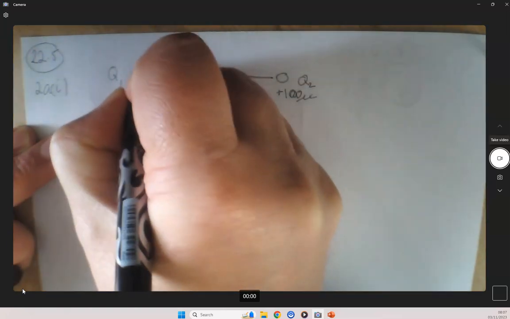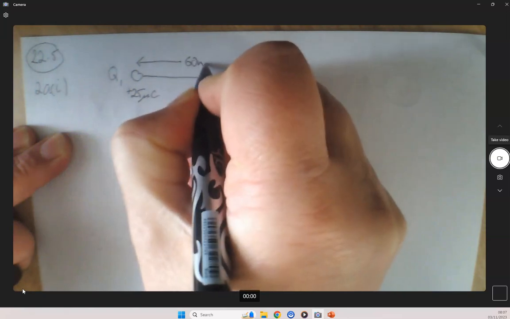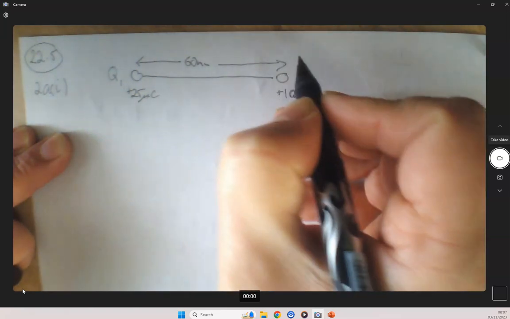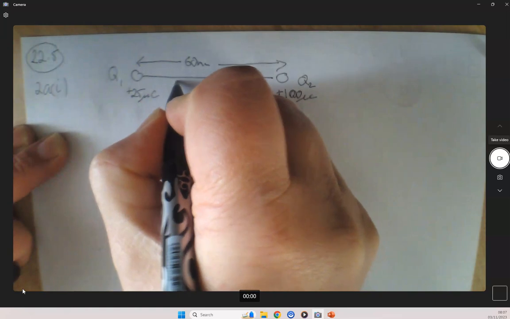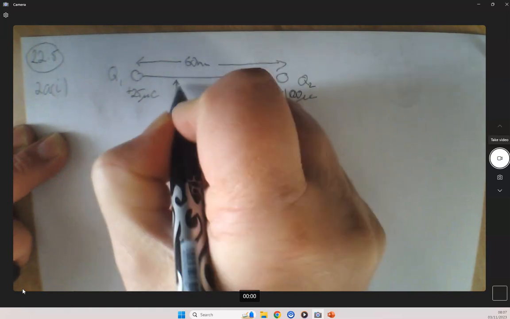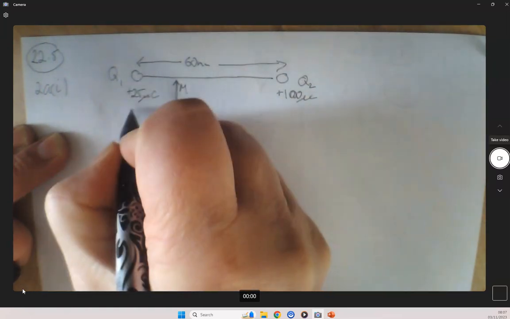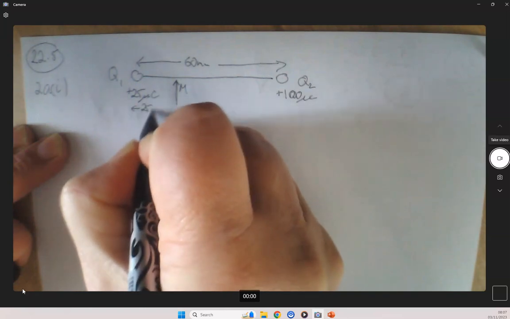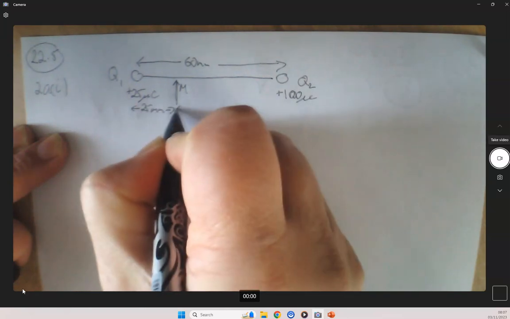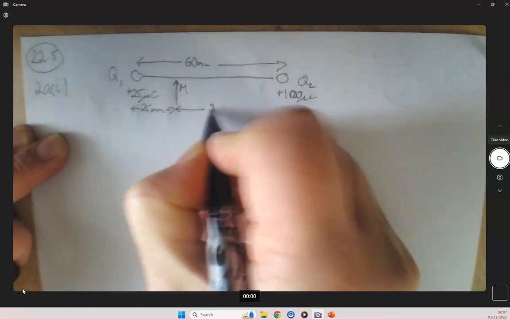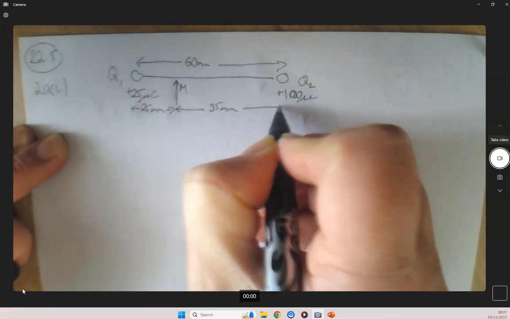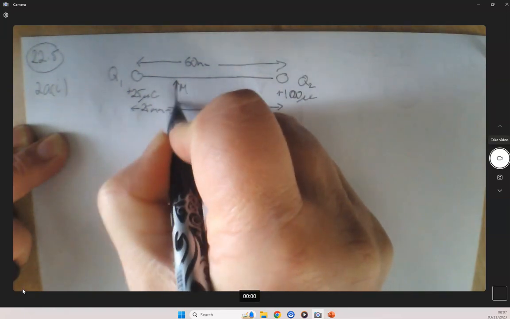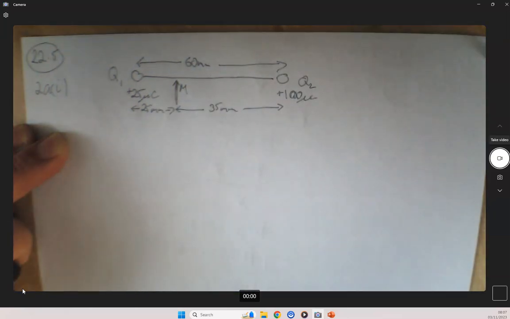And we know this overall distance between the two is 60 millimeters. Now, they've got a point M that's actually here, and here we've got 25 millimeters, and here they've actually got 35 millimeters. Actually, we do need it for the first part.